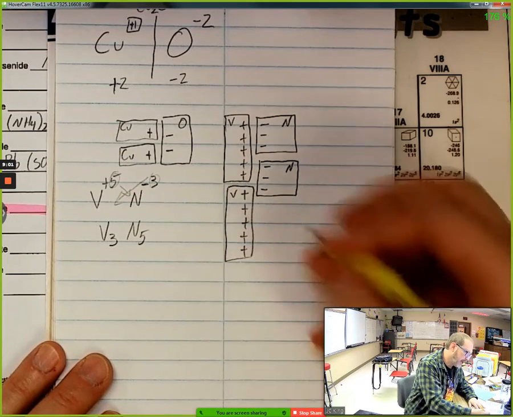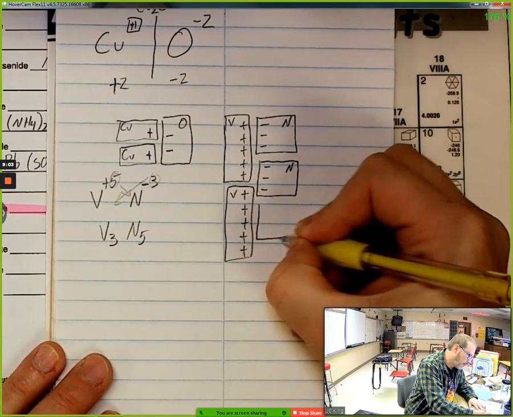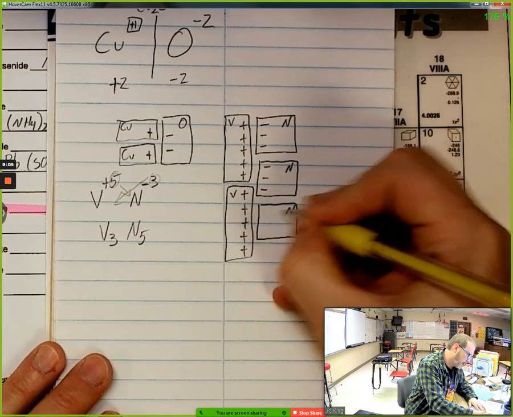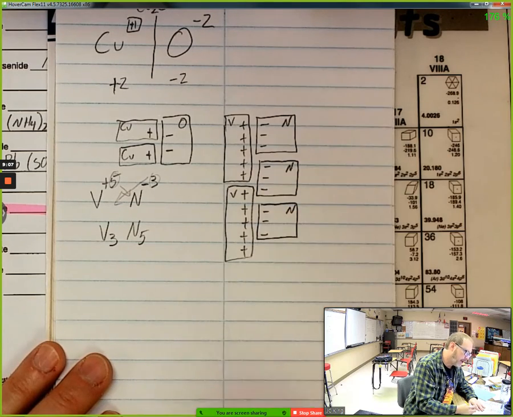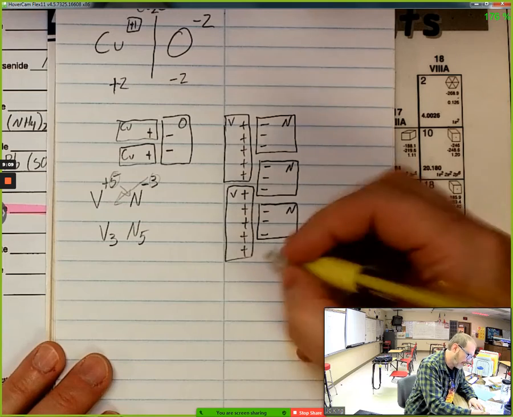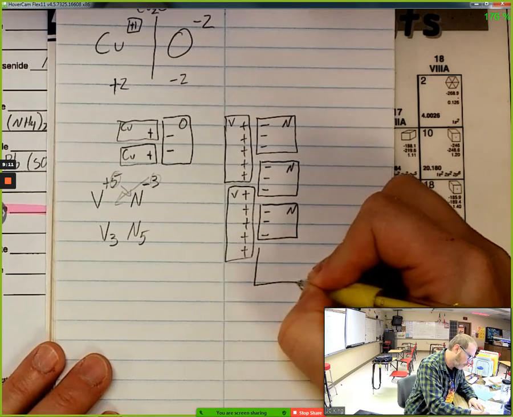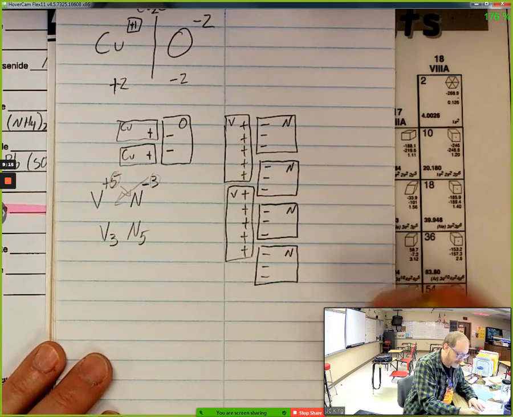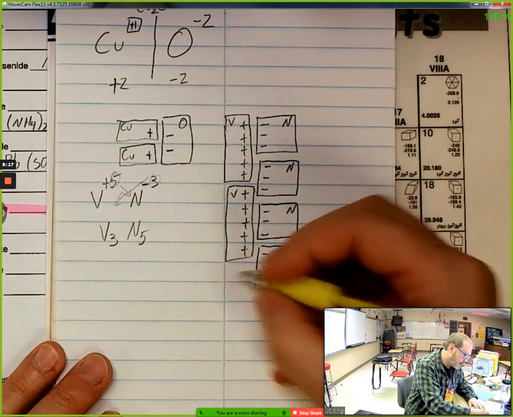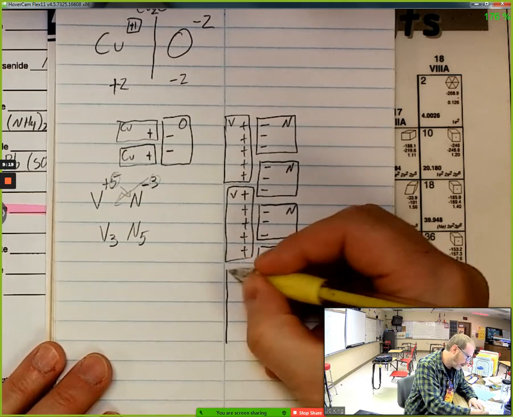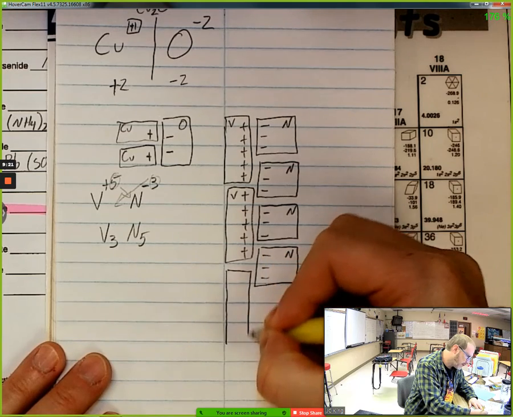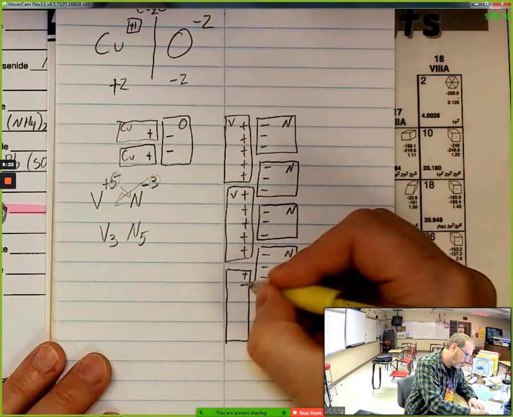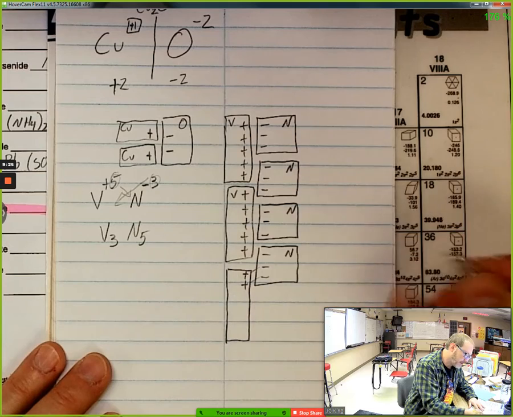Okay, I need another N to cover up some of those. Covers 1, 2, 3 of them. Still not all the way covered, so I'll add another N. Cover 1, 2, 3 of those. Well, now I've got too many negatives again, so I'll add another one of my +5 vanadiums here. Okay, so that matches up with those two.